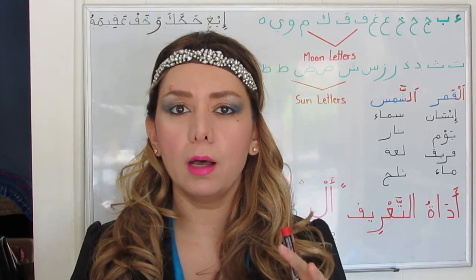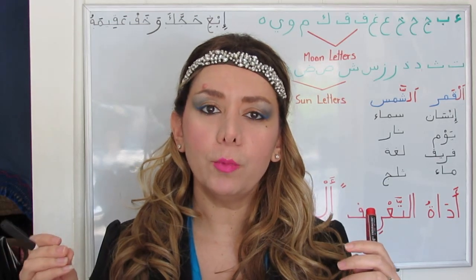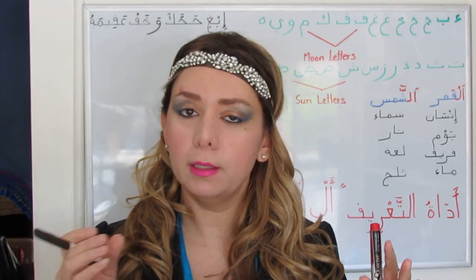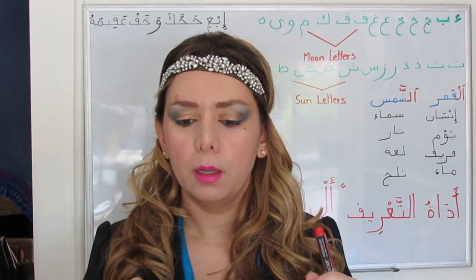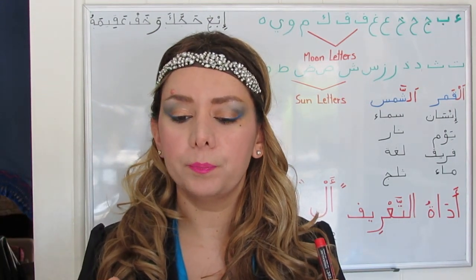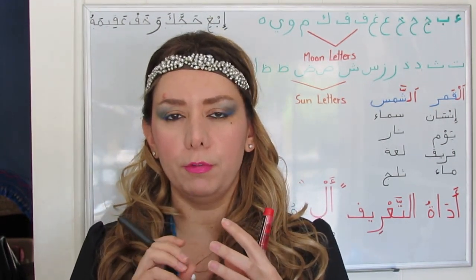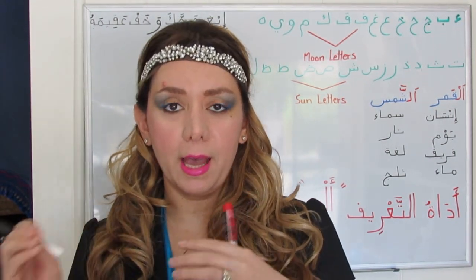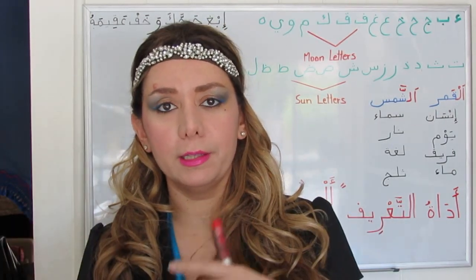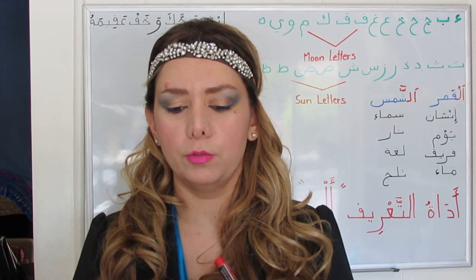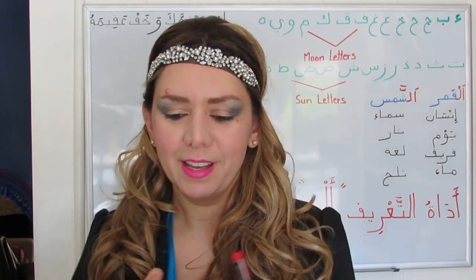Unlike most other particles in Arabic, al is always prefixed to another word. It never stands alone. Al is not a permanent component of the word to which it's prefixed. It is added and removed to toggle between definiteness and indefiniteness of the word, with few exceptions, like always.